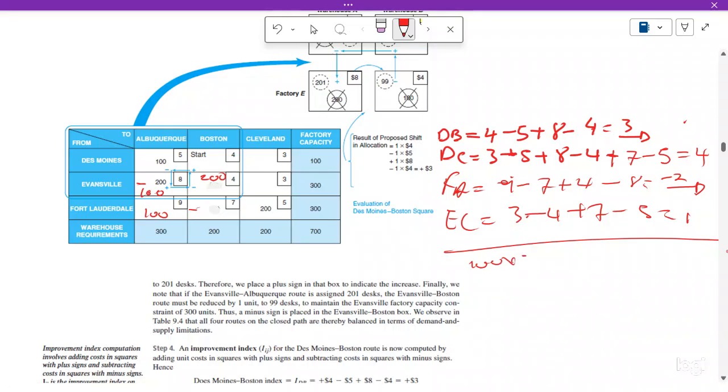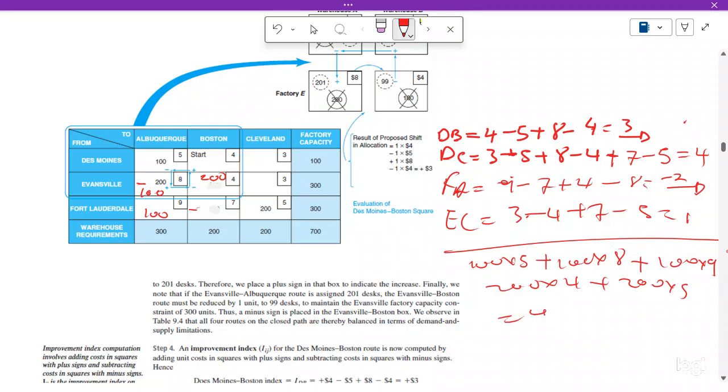100 times 5 plus 100 times 8 plus 100 times 9 plus 200 times 4 plus 200 times 5.